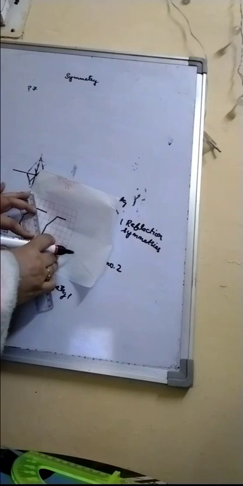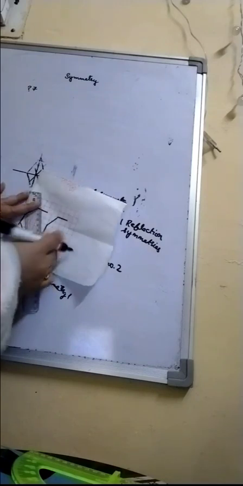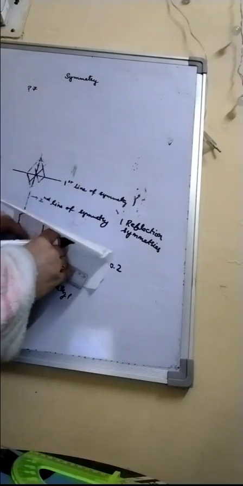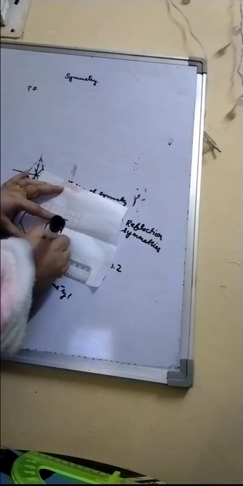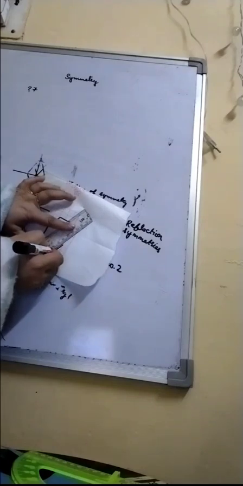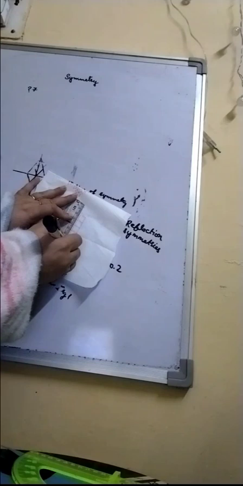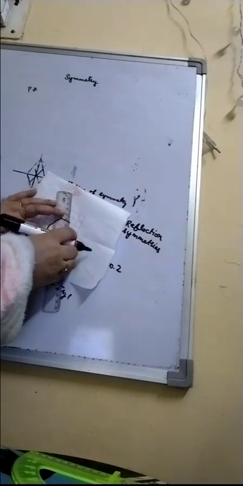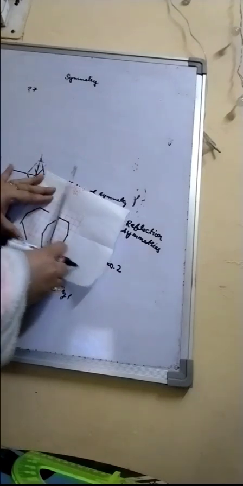Let's draw it over here. Two blocks here and then 2 blocks here, then 2 blocks here, then 2 blocks this way, 2 blocks here. So this is the figure.